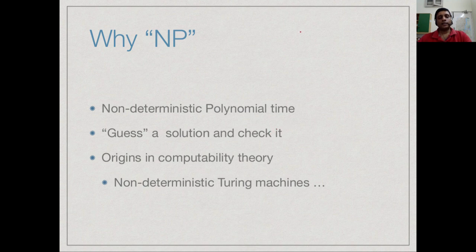So why is this class called NP? NP comes from the words non-deterministic polynomial time. Right? So this is a historical reference. It refers to the fact that these correspond to problems where you can non-deterministically guess a solution. You can magically produce a solution, and then in polynomial time you can verify whether the solution is correct or not.